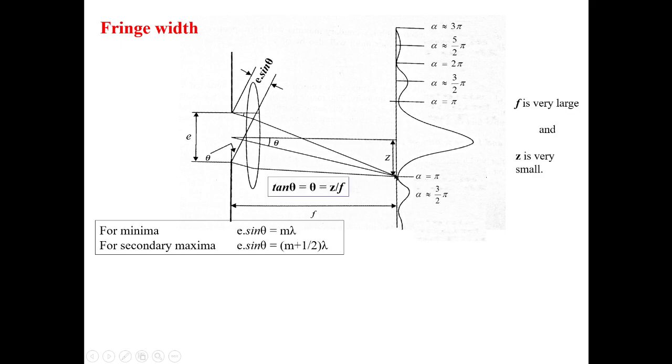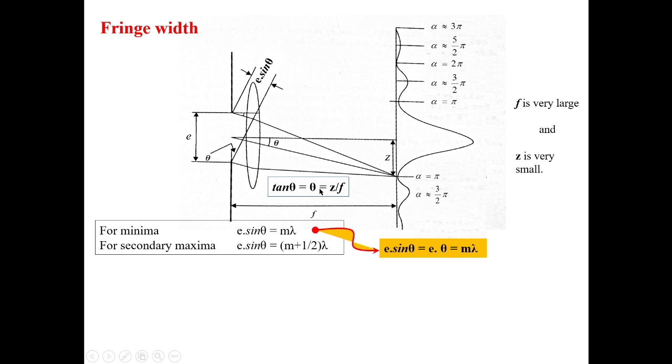Here we know that this focal length is very large. So we know that tan theta is equal to z divided by f, and z is very less, f is very high. So this theta should be very less. So tan theta can be written as theta. Further, the condition for minima can be written as e sin theta equal to e theta, because theta is very less, equal to m lambda.